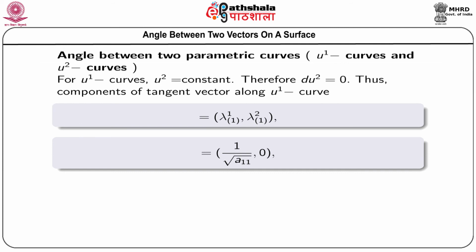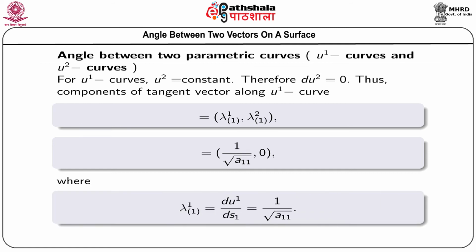So, the components of the unit tangent vector along U1 curves is 1 by root a11 comma 0. So, just as I have mentioned, lambda 11 equals du1 ds, and that is equal to 1 by root a11.